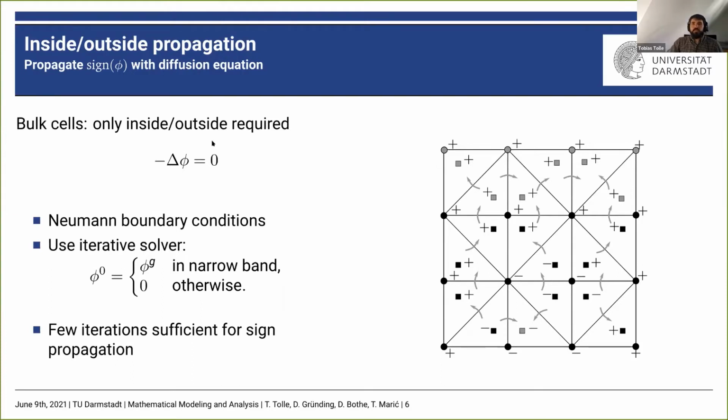This is done by computing an approximate solution to a diffusion equation where we use Neumann boundary conditions. And we set the initial field to the computed signed distance where it's available and 0 otherwise. With just a few iterations of an iterative linear solver, for example, conjugate gradient, we get the relevant information, mainly the sign here.